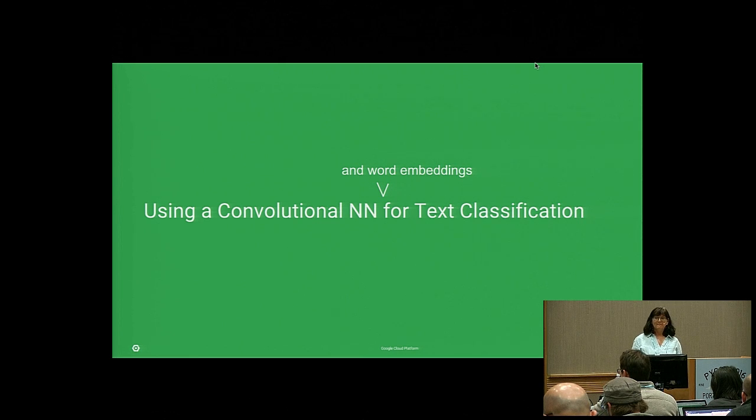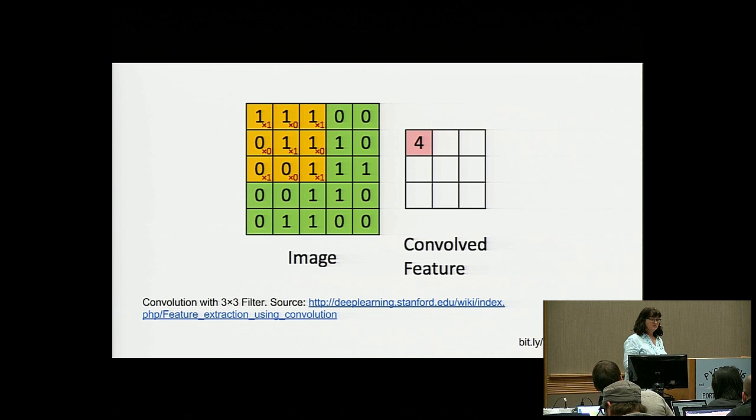Again, in the hopes that you can take this and go play around on your own time if you're interested. There are some research papers that explore using convolutional neural nets for text classification.